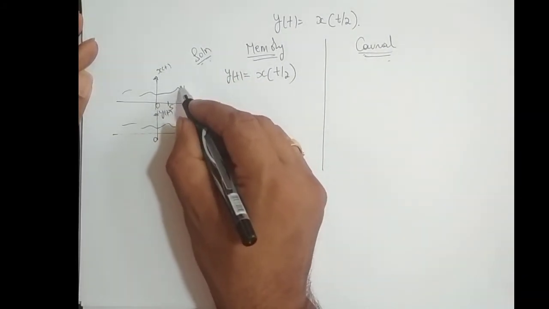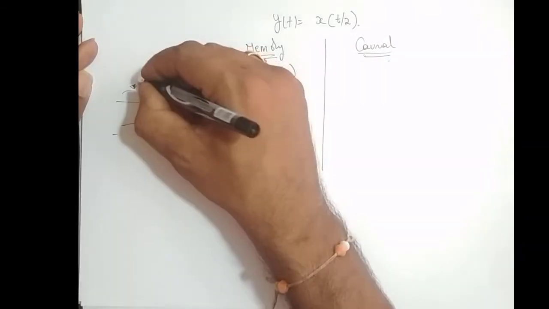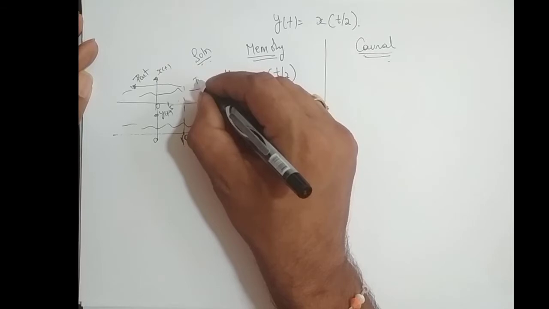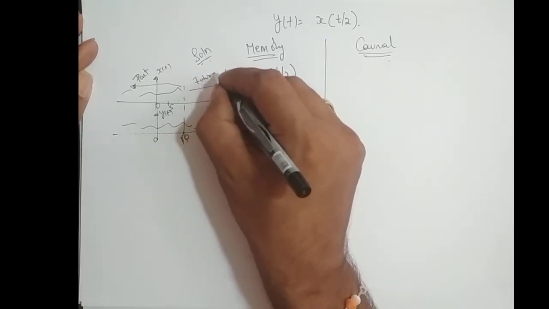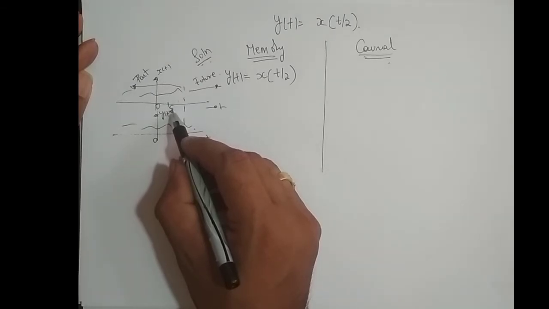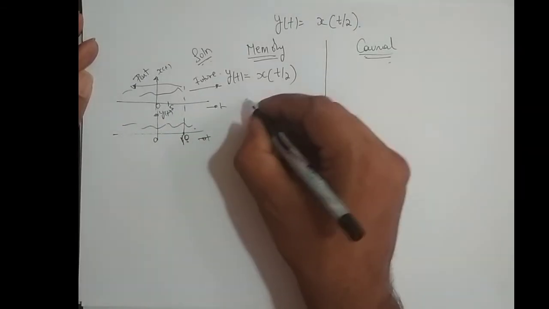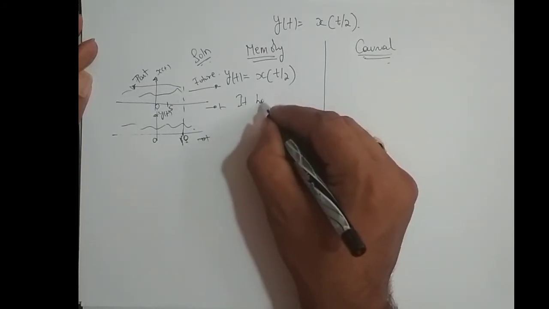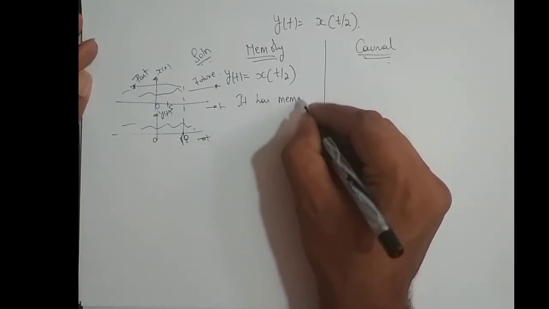Okay. Now with respect to this dashed line, everything left hand side is actually past, and everything to the right hand side is future. Now present output depends upon past input value. Therefore it has memory.